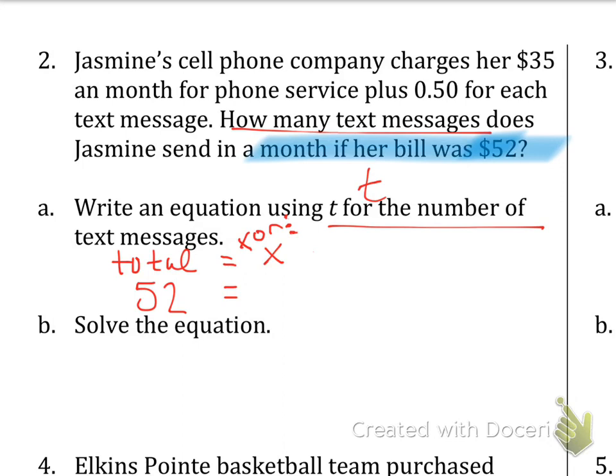So in this case, our constant is $35. So she starts off by paying $35 per month, and then she pays 50 cents per text message.